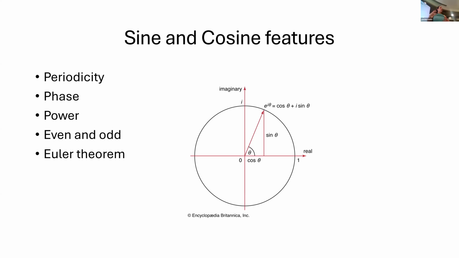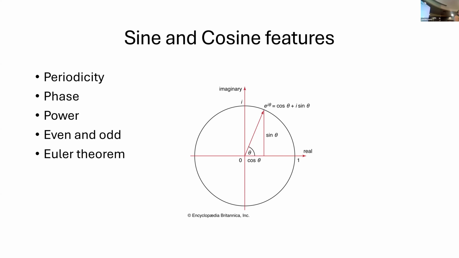And some of you might not be familiar with this kind of writing. What does that mean? So Euler's theorem says that there is a relation between e to the i theta, this function, and these two functions, so that e to the i theta is cosine of theta, plus the imaginary part i sine theta.